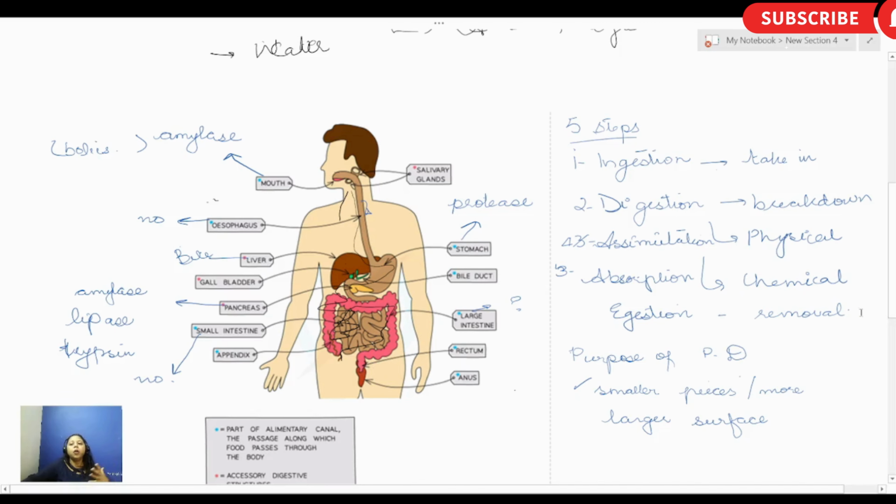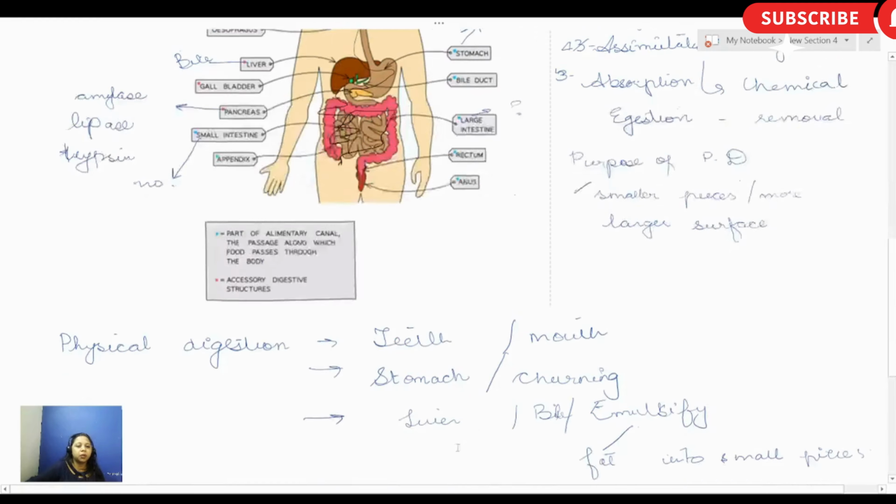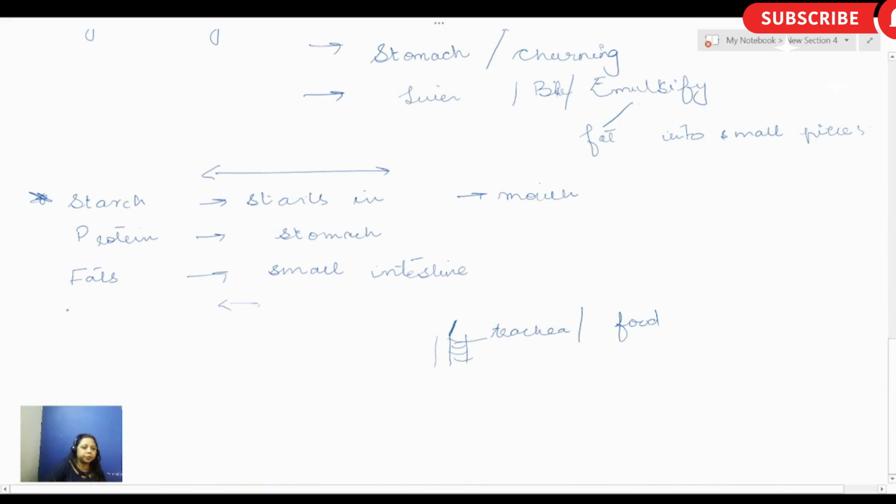So how does the esophagus move the food from our mouth to our stomach? There is rhythmic contraction and relaxation, and this rhythmic contraction and relaxation is known as peristalsis. This is another important term. Now, our whole alimentary canal, which starts from our mouth and ends at the rectum, has peristalsis, the movement of food, whether we are eating or whether it's undigested.